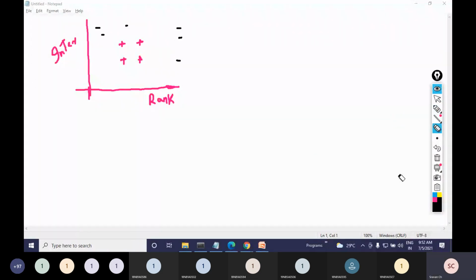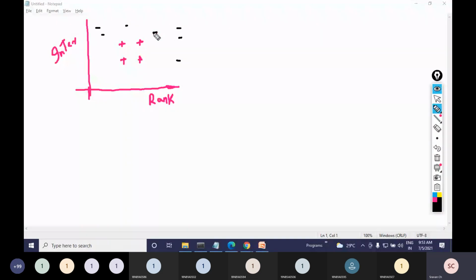So friends, please observe here. Let us assume this plus represents a positive example, and this is minus here. Positive example means based on the MSET rank and intermediate marks, a student may get a seat in our college.